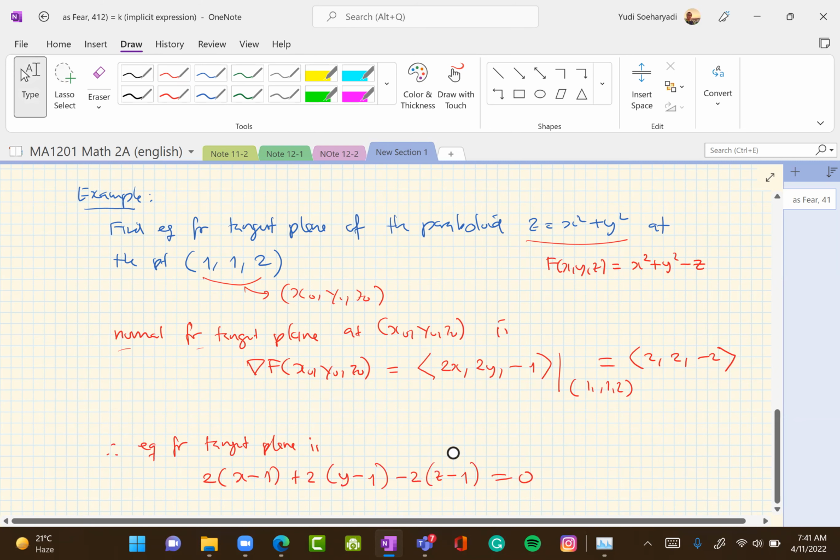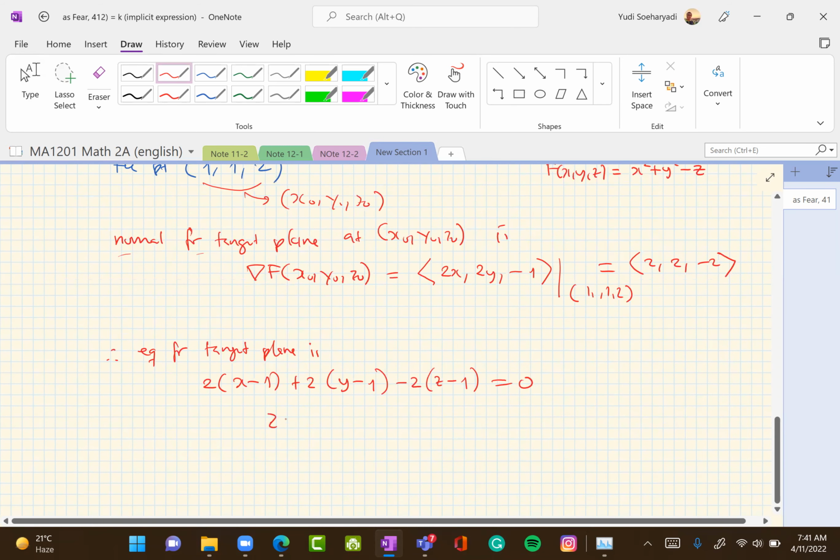And if you prefer, you can write this as z equals 2 plus 2(x minus 1) plus 2(y minus 1), which gives you 2x plus 2y minus 2.